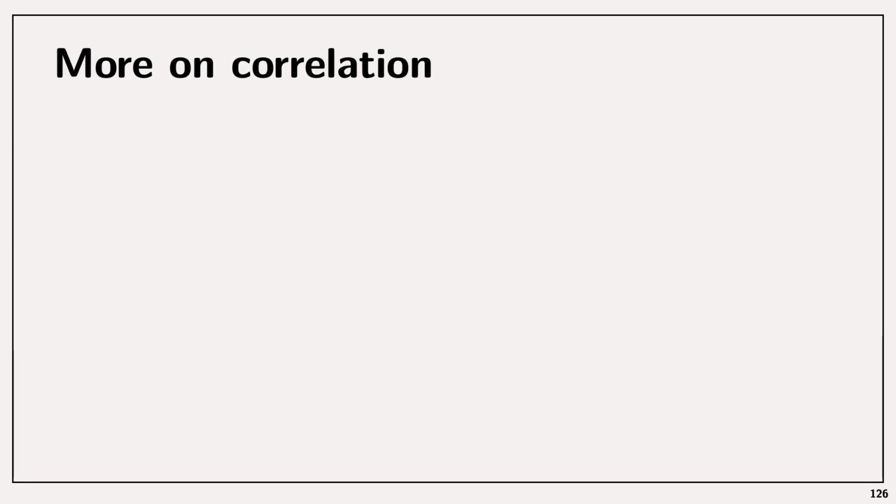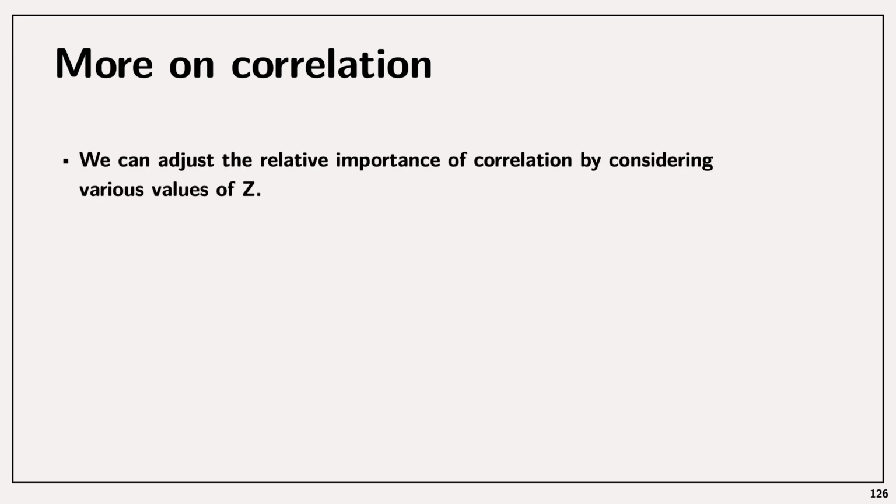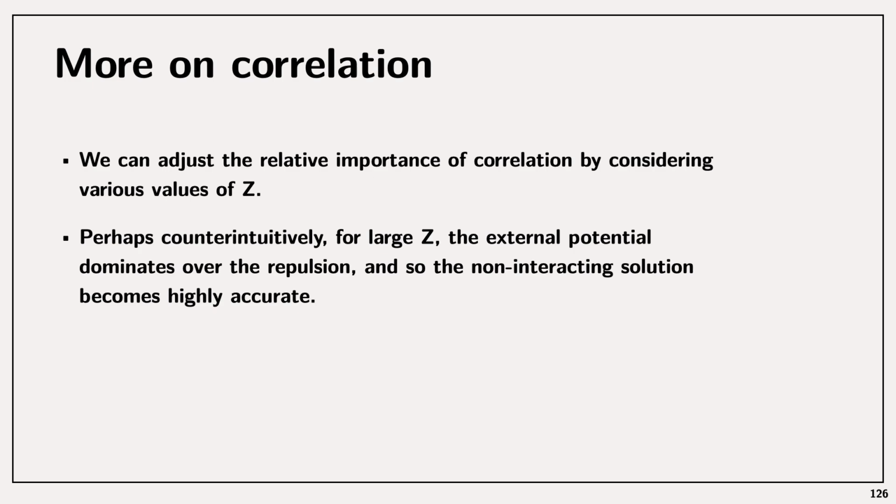Okay, more on correlation. We know that the relative importance of correlation changes for different values of Z, and I just explained that to you on the previous slide. But what's interesting is that for larger Z, the external potential dominates. That's what I just showed you because of the Z squared, and so the non-interacting solution becomes much more accurate.